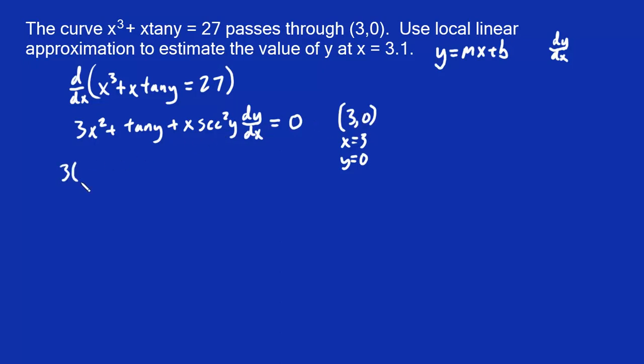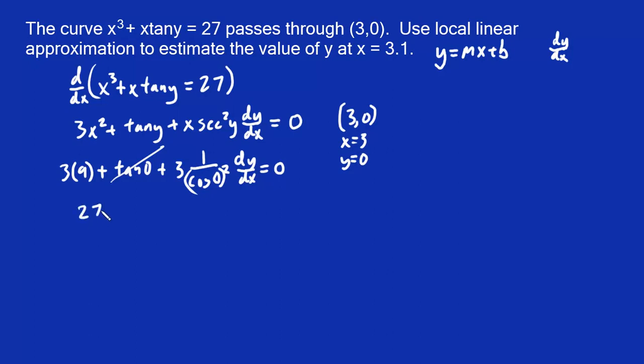So we get 3 times 9, because 3 squared is 9, plus tangent of 0 plus 3. Instead of writing secant y, I'm going to write 1 over cosine of 0, quantity squared, times dy/dx, which is what we're solving for, and that's still equal to 0. Tangent of 0 is just 0, and 3 times 9 is 27.